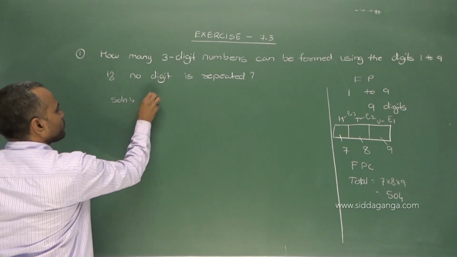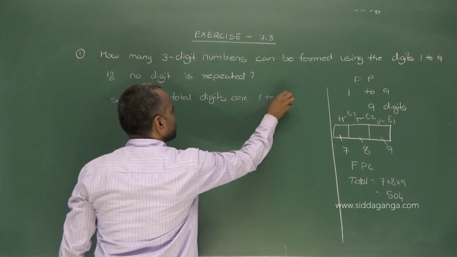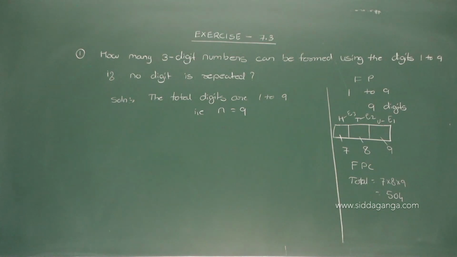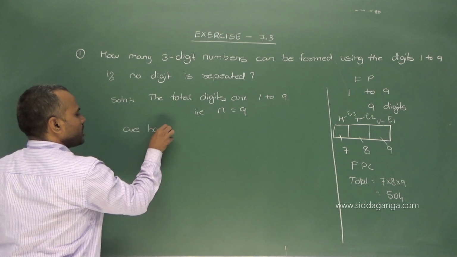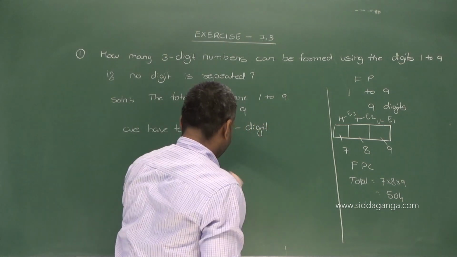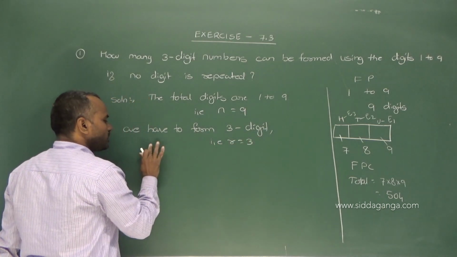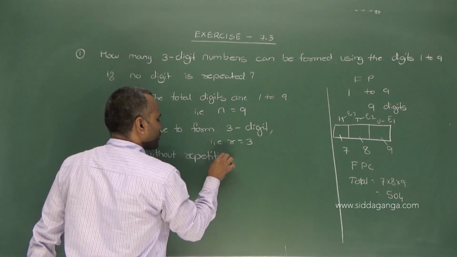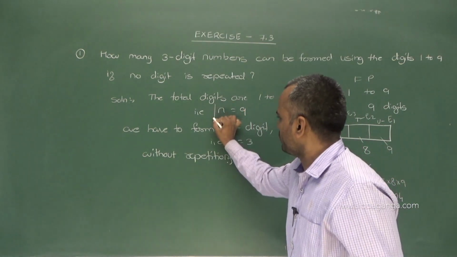Solution. The total digits are 1 to 9, that is n is equal to 9.